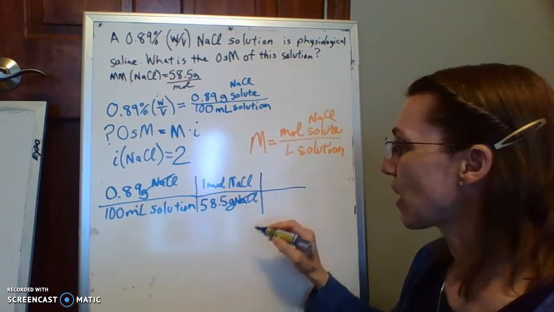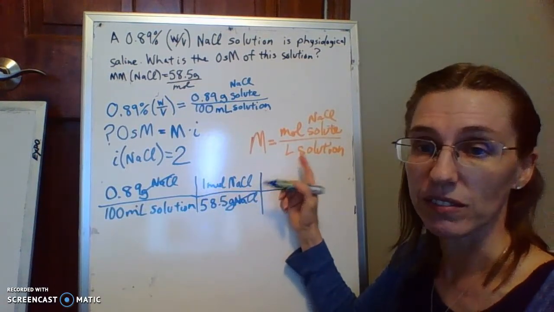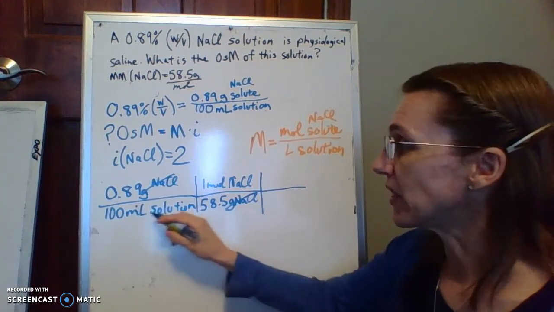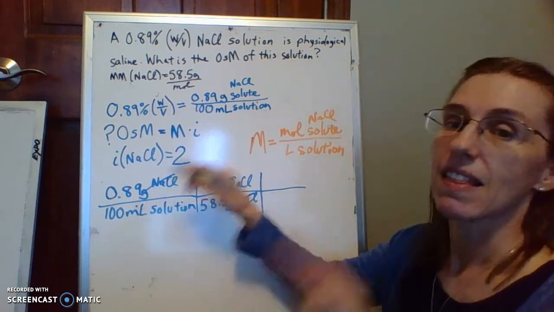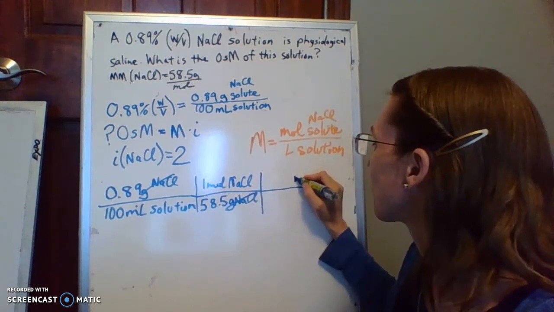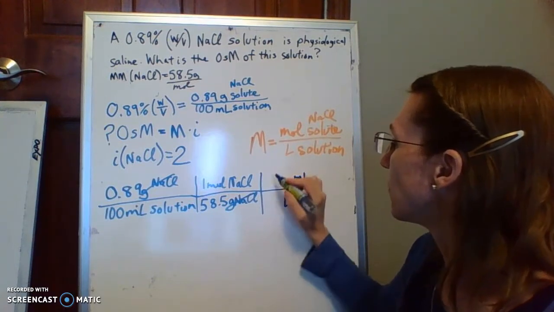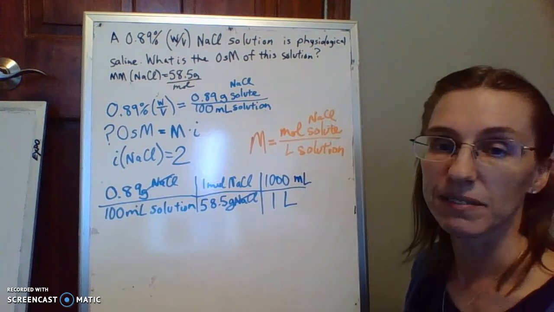Now we have to get the denominator converted over. Milliliters, we have to get it to liters. Not a problem, we can do that because we know our metric conversion factors. Milliliters is in the bottom, so where do they have to be to cancel out? They have to be in the top, exactly. So we've got 1 liter, and it is 1,000 of the little guys.